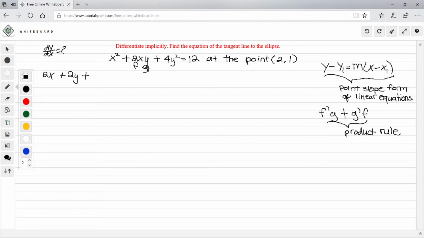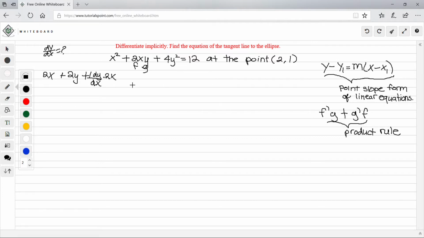What is our g? y. Remember we said that whenever there's a y, you have to put a dy/dx. So the derivative of y is just 1, but since it's a y, you have to add that dy/dx. And then don't forget the f, bring down the f, so that's times 2x.